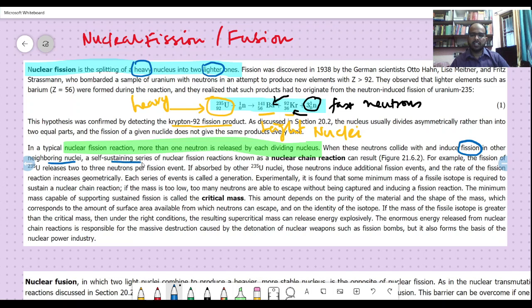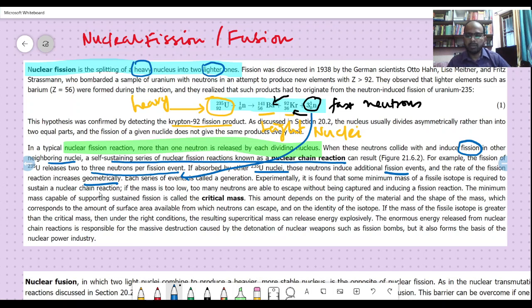A self-sustaining series of nuclear fission reactions is known as a nuclear chain reaction. I will show this figure below. For example, the fission of U-235 releases 2 to 3 neutrons per fission. If these are absorbed by other U-235 nuclei, these neutrons induce additional fission events. So such things keep on moving, and the rate of the fission reaction increases geometrically.